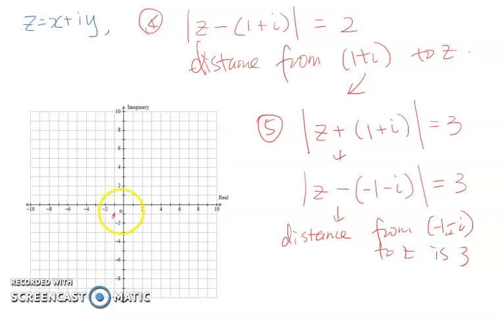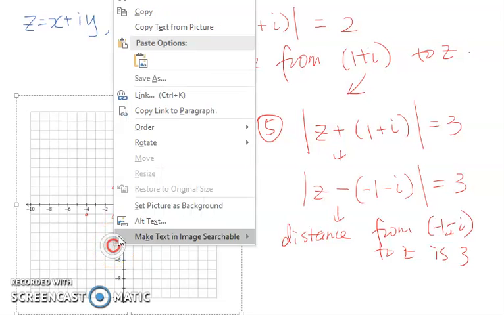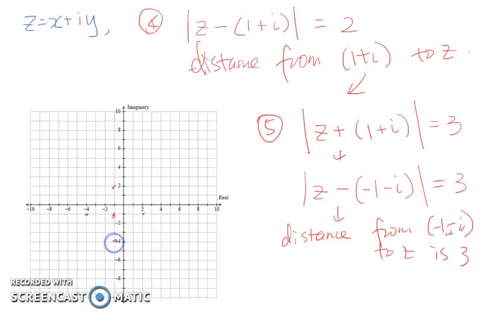And the distance is 3, so I'm just going by 3. 1, 2, 3, and go up 1, 2, 3, and so on. Again, it will form a circle. I'm going to draw the circle with a solid line because it's equal. Therefore, the circumference of the circle fulfills the condition of this question.